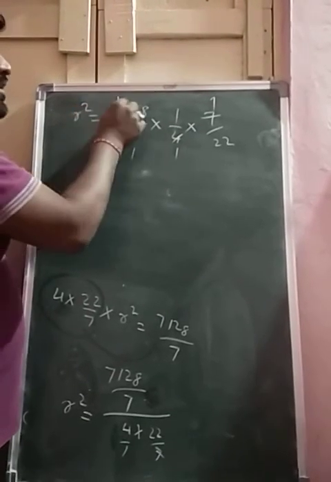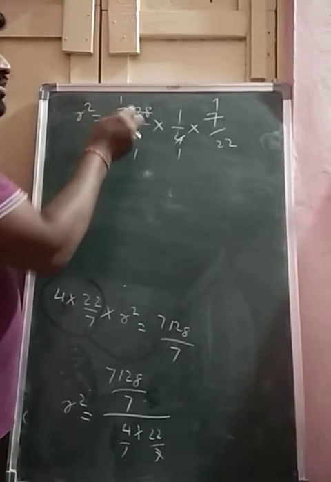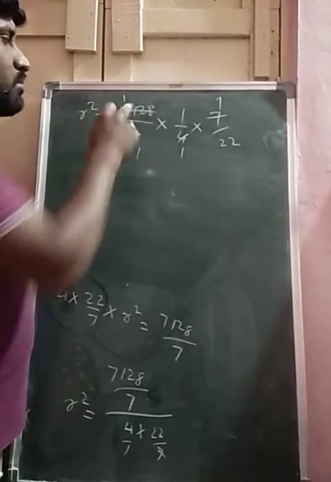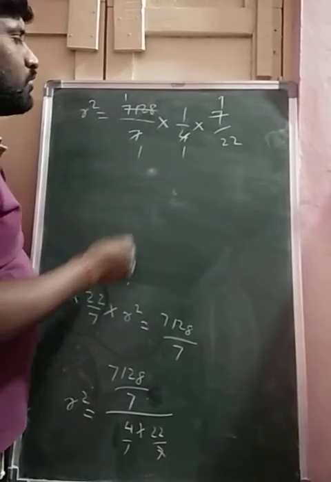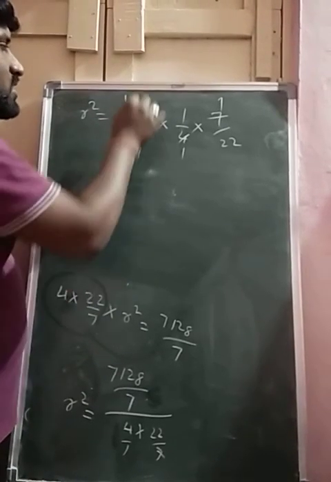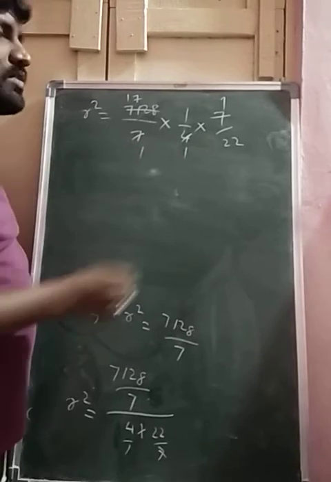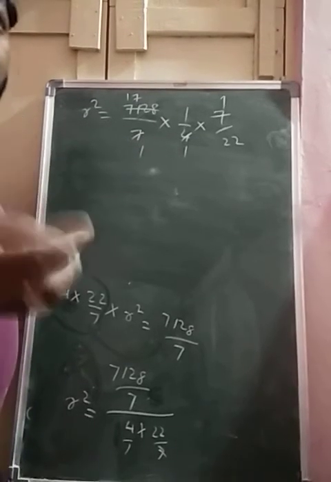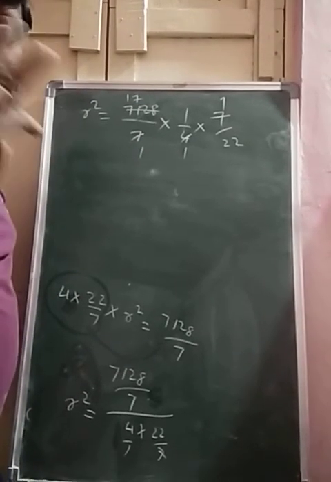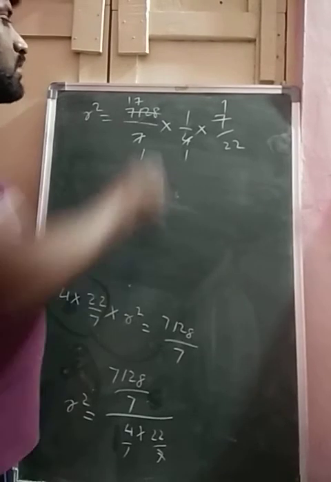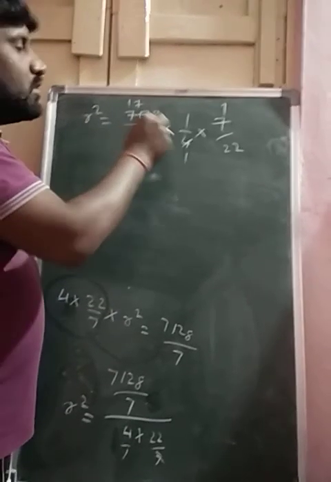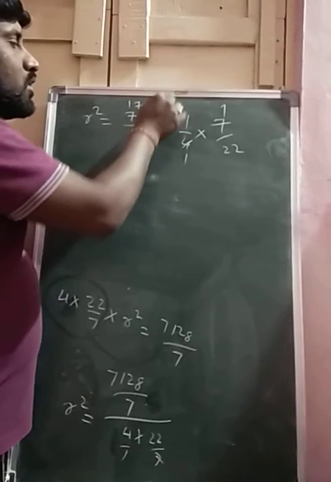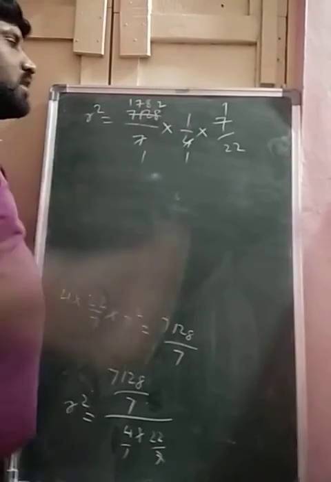Okay, in this 7, if 4 is subtracted, 3 remains, beside number is 1, that is 31. So 4 sevens are 28. From 31, if 28 is subtracted, 3 remains, beside number is 2. Okay, that is 32. So 4 8s are 32, 4 2s are 8.